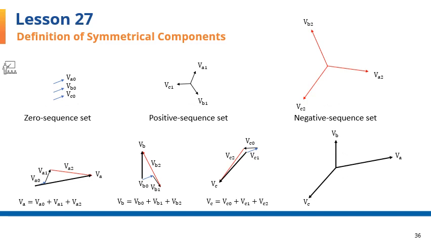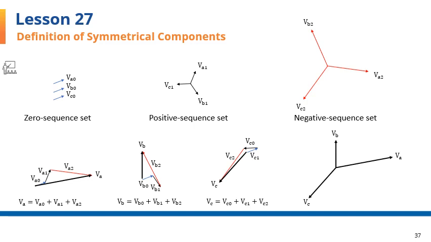What makes the theory especially useful is that it shows how this process can be reversed, in the sense that given any trio of phasors such as VA, VB, VC, you can uniquely identify its 3 constituent sequence sets. You can go from here to forming a zero sequence set, a positive sequence set, and a negative sequence set, and that is done uniquely.